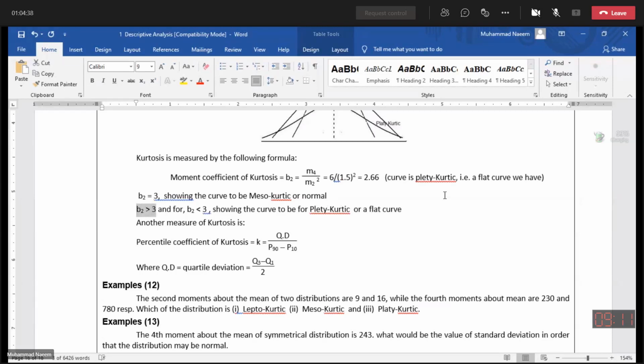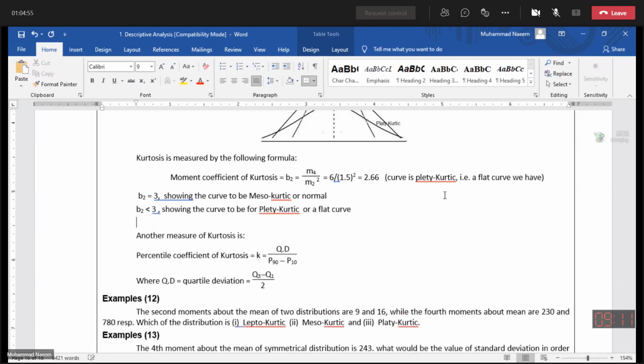Value of B2 greater than 3, showing the curve to be leptokurtic or with the high peak.